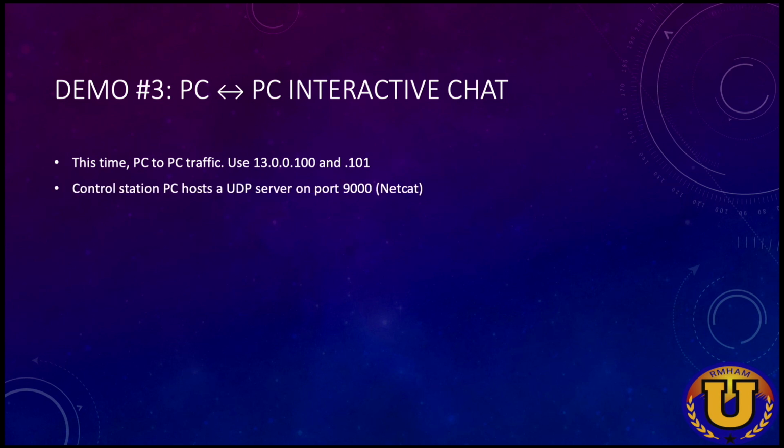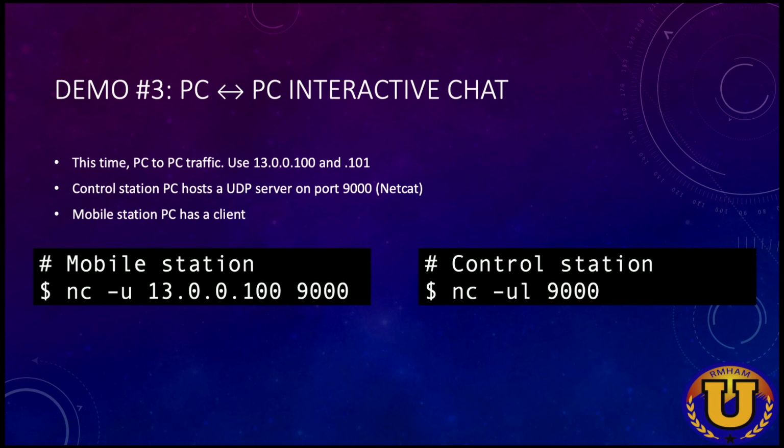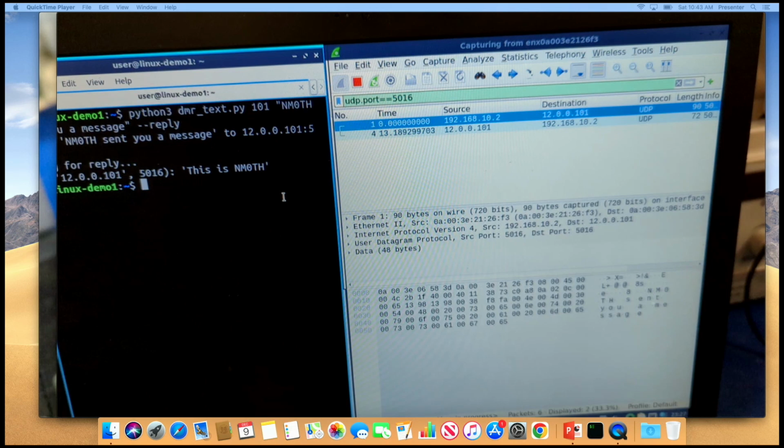So we're using 9000 as an arbitrary port. Netcat is set up as a listener on one of the machines, and on the other side, we just have a netcat client running. That's how you would invoke it. And we'll switch over to the video once again.